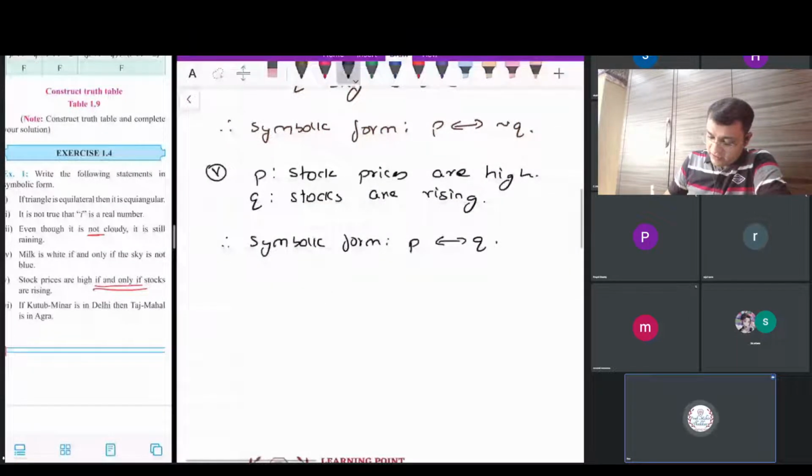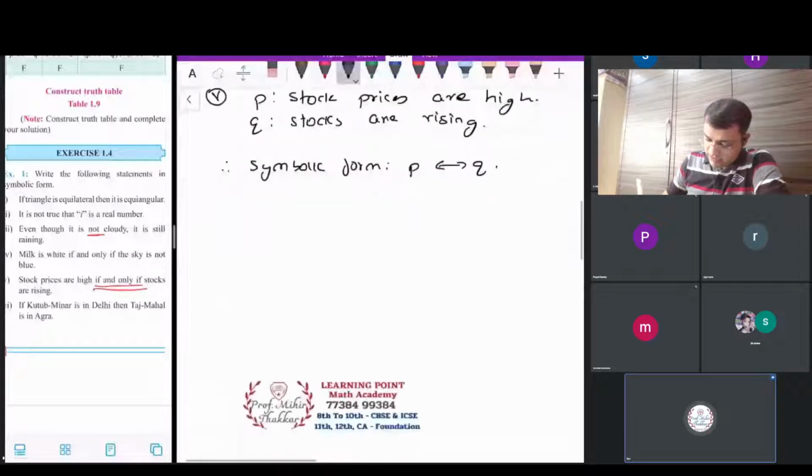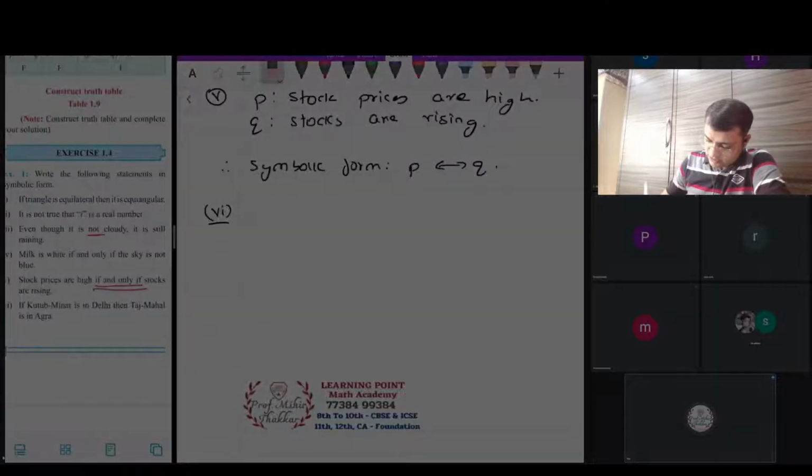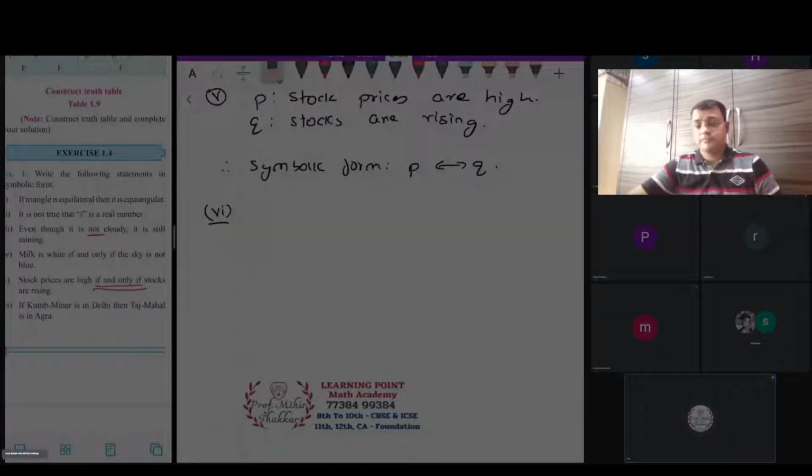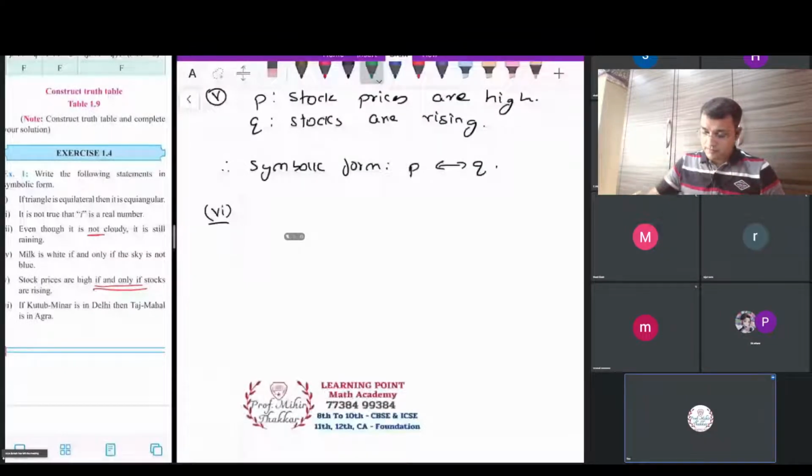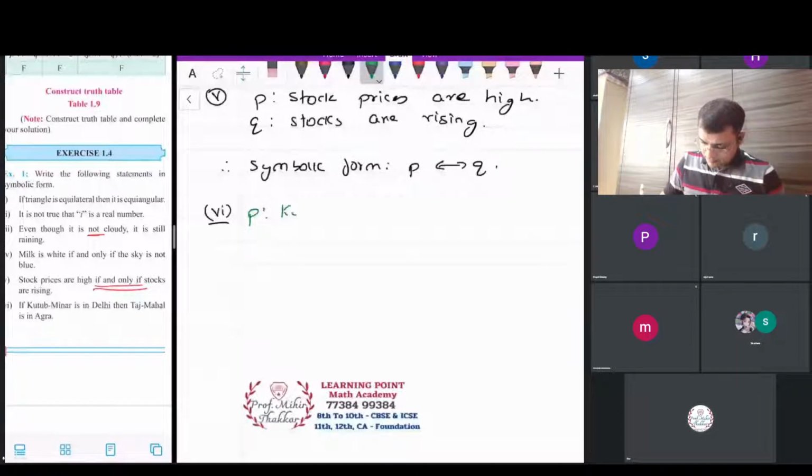And finally, the sixth one, I will get over here. What should be P and Q in this? P over here will be, correct, Qutub Minar is in Delhi.